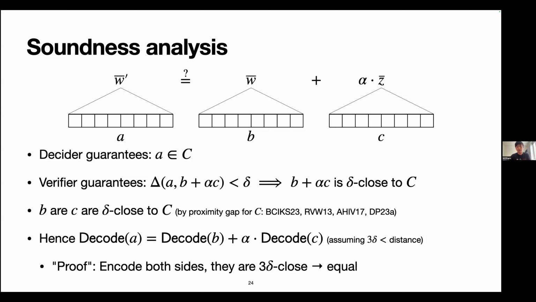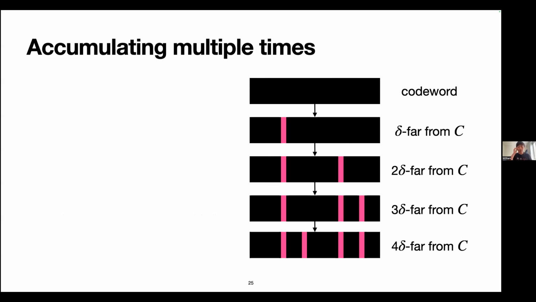So they're slightly noisy. And in general, you can imagine that for the first step of accumulation, if you have a valid code word, then what you guarantee for the previous step of accumulation is something that's slightly noisier. And it turns out you can run the same analysis again on the step before that. But then your only guarantee is that those code words were 2 delta close, and so on and so forth, 3 delta, 4 delta.